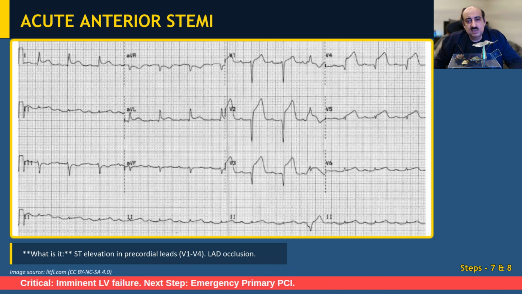And also V6, so you don't have the full contiguous involvement of the lateral wall. However, in V1 to V4, there is clear ST elevation MI in the anterior territory, which indicates LAD occlusion. And once again, it's really critical because of the impending left ventricular failure. So emergency urgent primary PCI will clearly be indicated in this case.